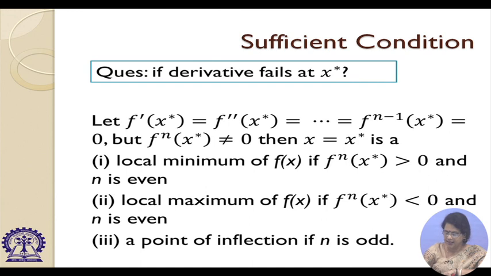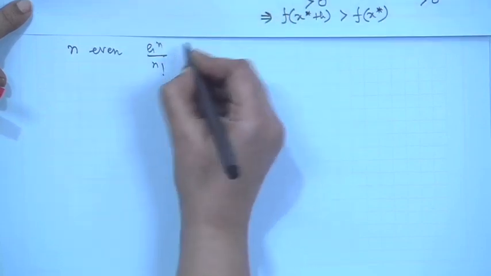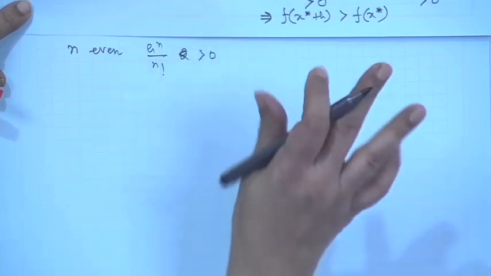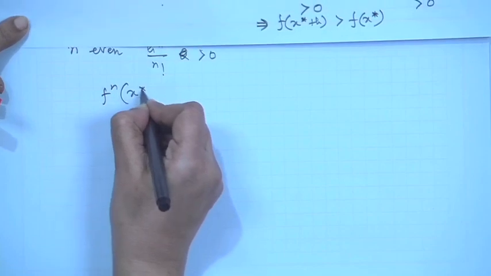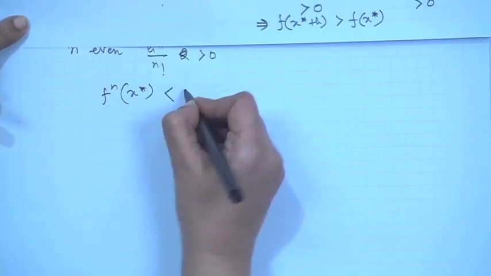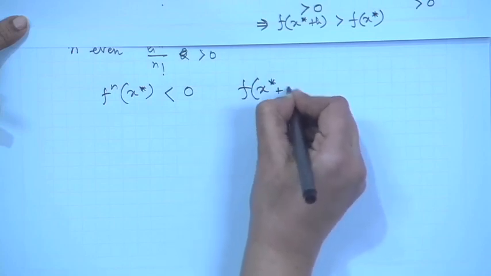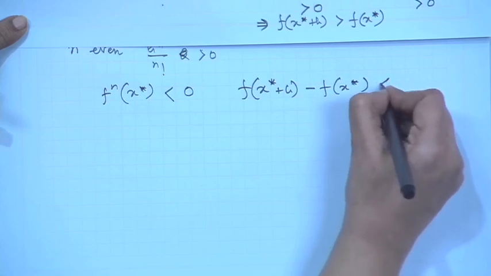All right. Just let us see the reverse case. When n is even, we are having h to the power n by n factorial, this is also positive, n is even. Then if f n x star is negative, then certainly f of x star plus h minus f x star must be negative.